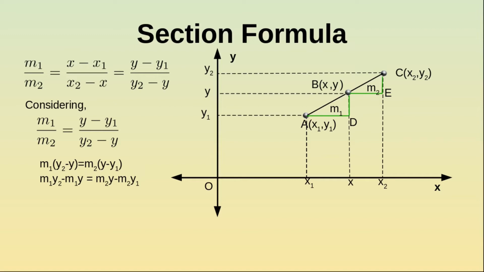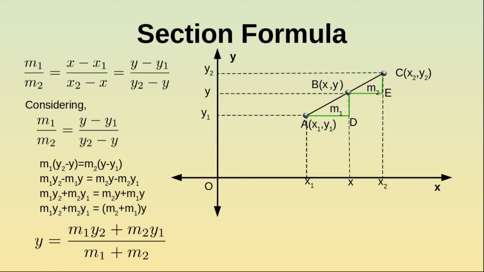Now we put all the terms of y on the right hand side. Then we get M1 y2 plus M2 y1 is equal to M2 y plus M1 y. On solving this for y, we have y is equal to (M1 y2 plus M2 y1) divided by (M1 plus M2).